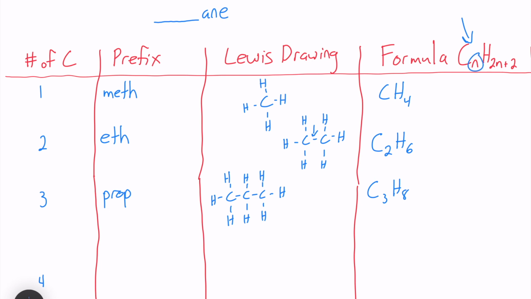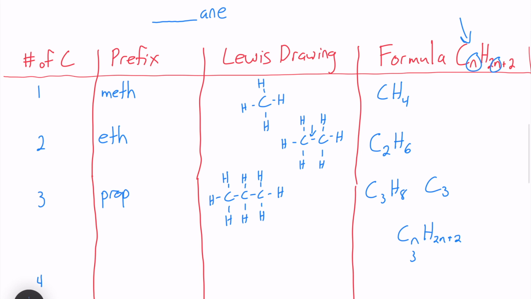This n represents the number of carbon. So for propane, we have 3 carbon, so it's 2 multiplied by 3 plus 2, which gives us 8 hydrogen. And that makes sense.